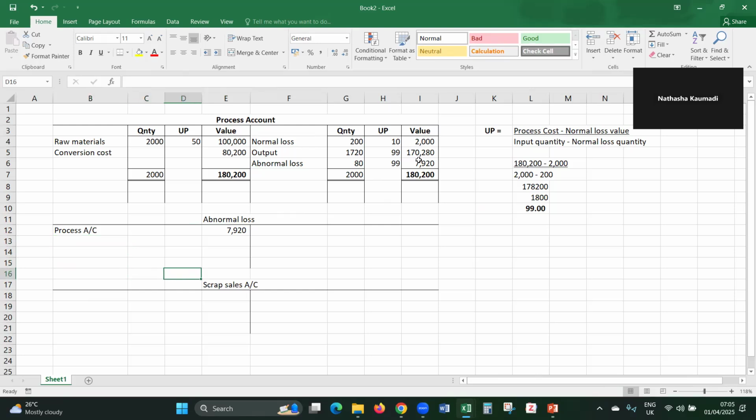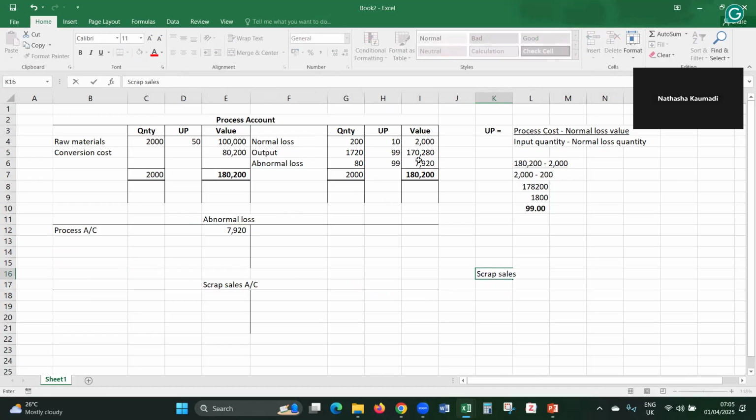And just check this scrap sales account. Scrap sales account is an income account, isn't it? That means a credit account. Scrap sales revenue, income account, that means a credit account. How much is your total scrap sales revenue?